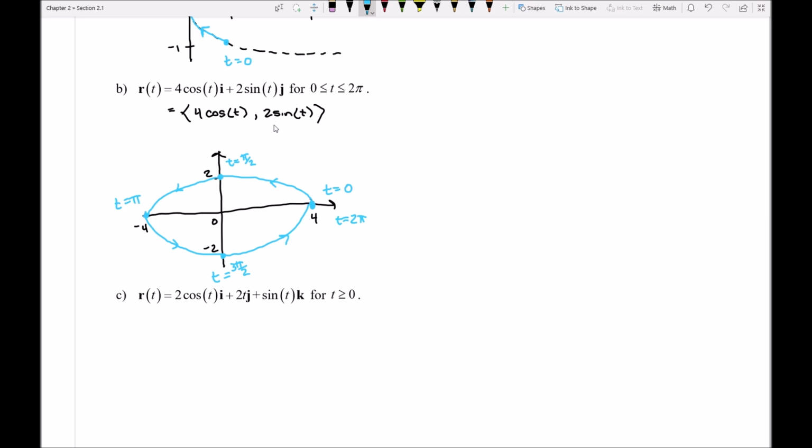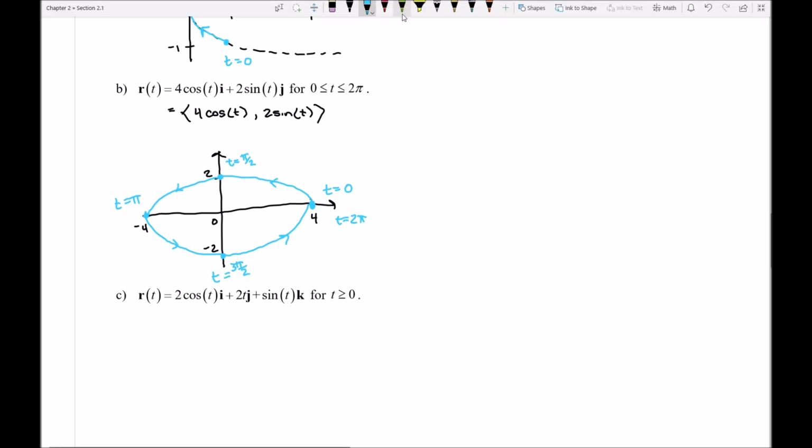Similarly, the 2 is representing how far I've moved out in the y direction at the extremes. So an interesting thing to see here is, what would the shape have been if this, instead of being a 2, was also a 4? Well, I could imagine that this point here and this point here would have been stretched up and stretched down, and I would have gotten the picture of a circle.